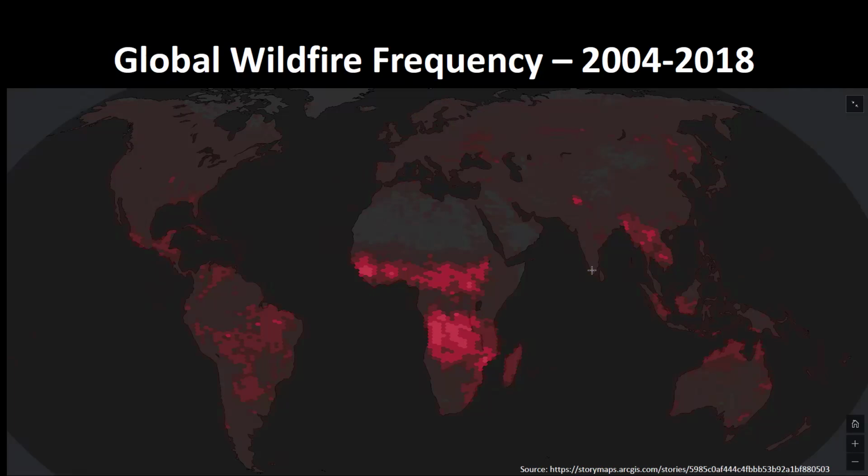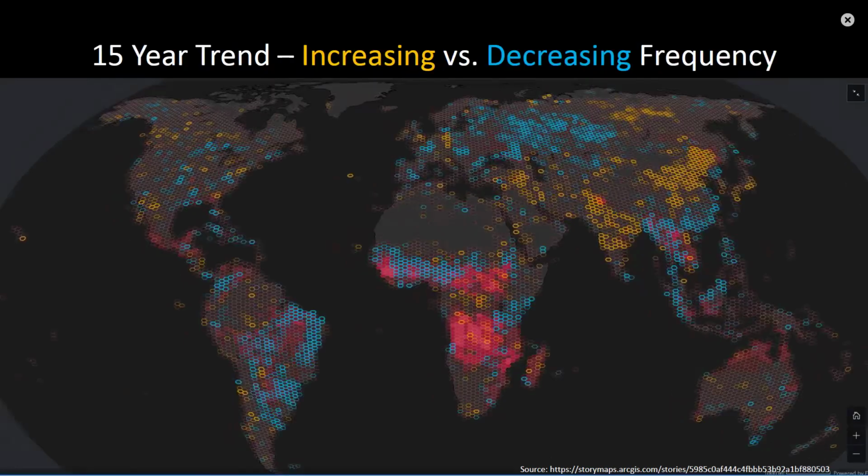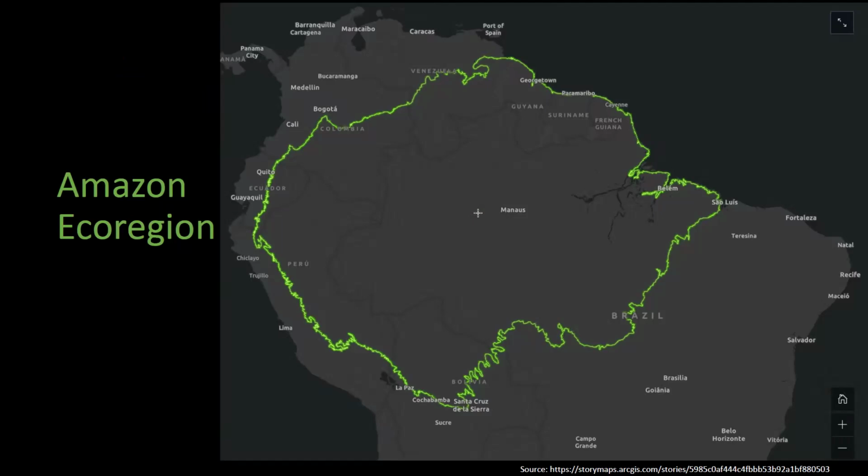This is just the general frequency of wildfires across the globe between 2004 and 2018. This is something you can look up at ArcGIS. Here's the 15-year trend. Increasing is in yellow, where decreasing is in blue. So there is a different trend, as you notice, a lot more in Europe, across India, Russia, China. Then we have the Amazon ecoregion, which is really interesting, right?